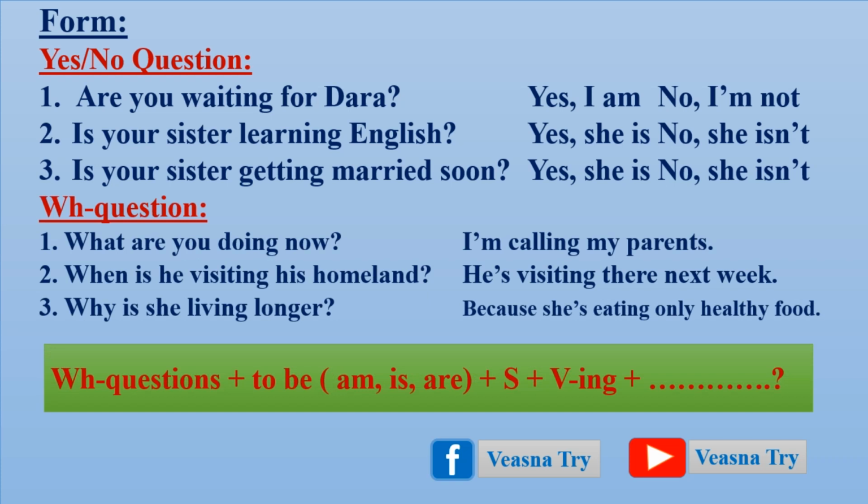Number 2, when is he visiting his homeland? So when is also a WH question. Is, we use with subject he, so is. Okay, verb be, he is subject, visiting is verb ing. Okay. Number 3, why is a WH question. Is is verb be, she is subject, living is verb ing, okay, longer is something else, then question mark.